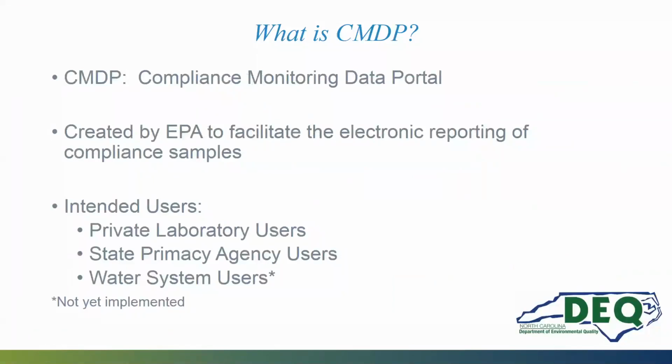They intended this application to be used by private laboratory users like yourself, state primacy agent users like me, and also for water system users, but we've not yet implemented that side of things. Eventually we're hoping that water systems will be able to use it to keep track of their sampling data as well, and also keep track of updating their inventory information.